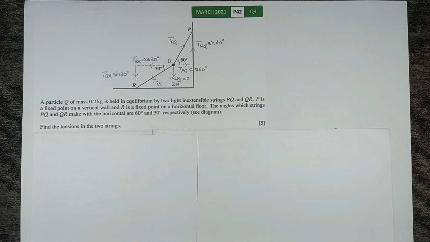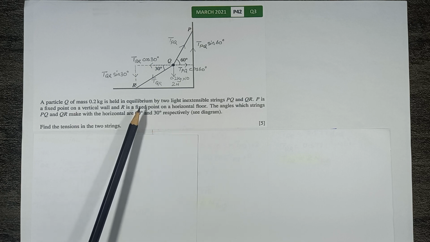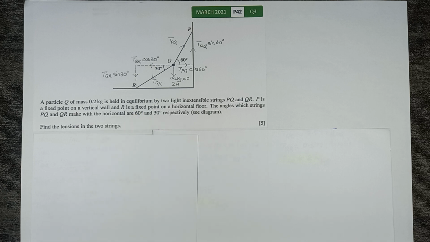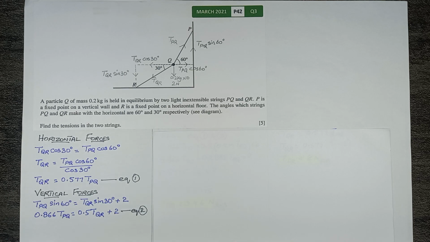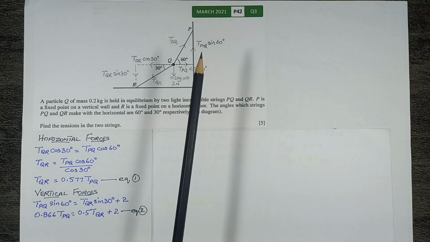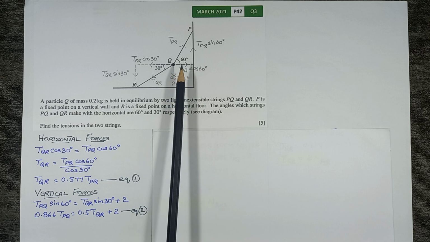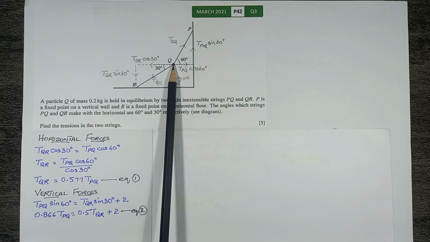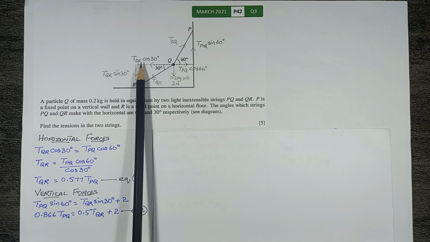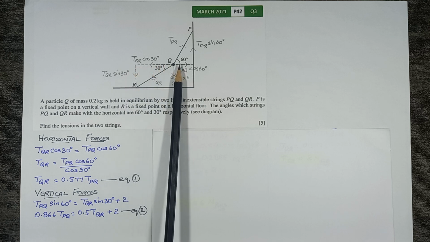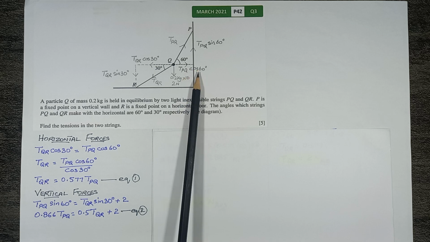Because the condition is equilibrium, we now work with horizontal and vertical components. Looking at the horizontal components in the diagram, we have two forces: one to the left of Q, TQR cos 30, and one to the right of Q, TPQ cos 60.